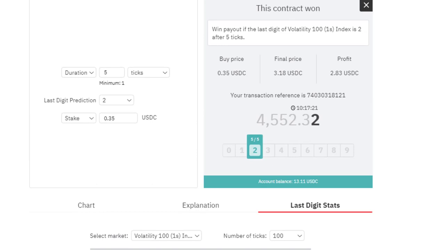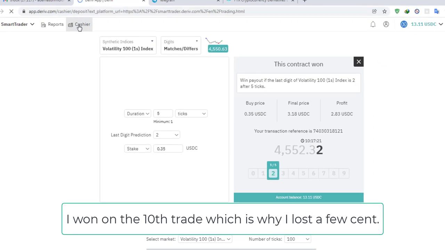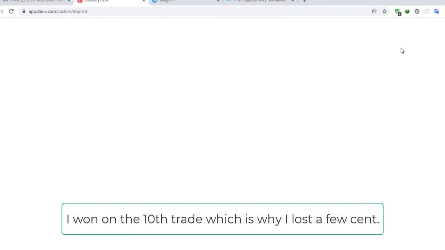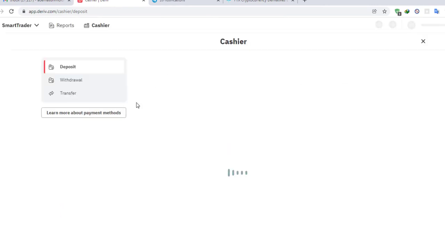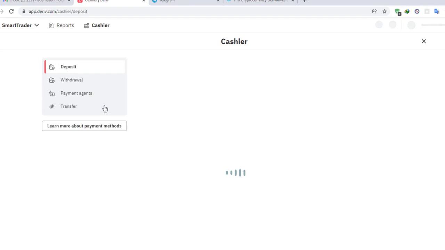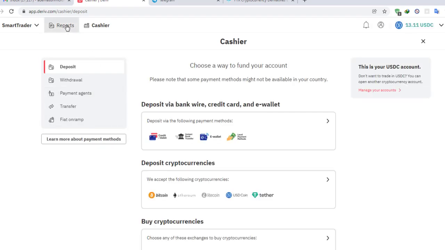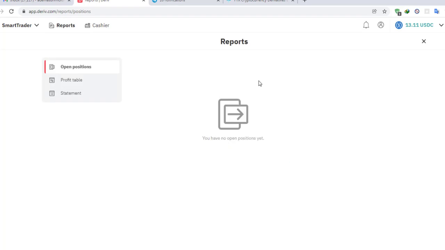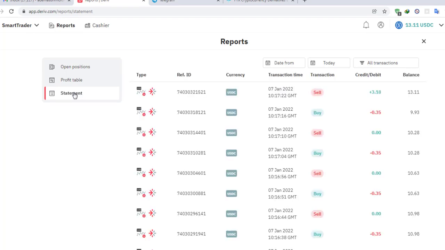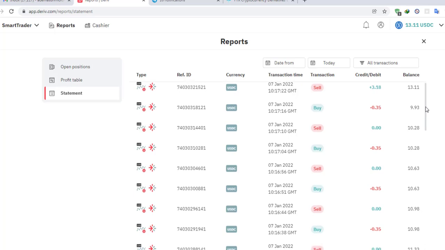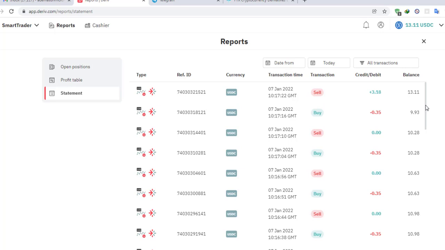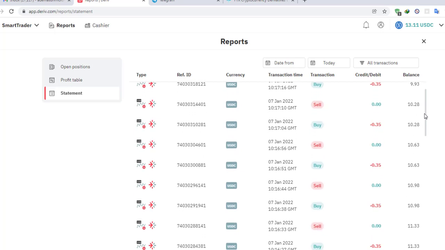Let me go to my cashier, then my statement. You can see that my balance is higher than before. Sorry, that should be report. Let me show us the statement. Alright, so let's scan.